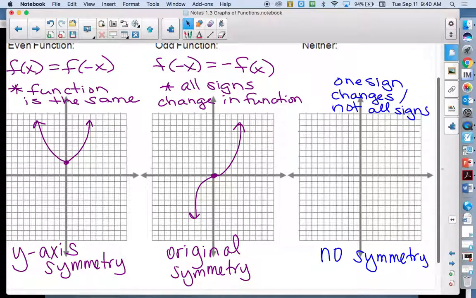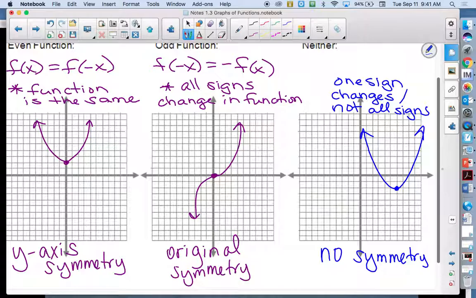Or 2 of the 3 signs change, but you still have one that doesn't change. So a graph that wouldn't have symmetry, maybe it starts somewhere on the other side. So the graph may be symmetrical, like a parabola is symmetrical, but it's not symmetrical about the origin, or it's not symmetrical about the y-axis.